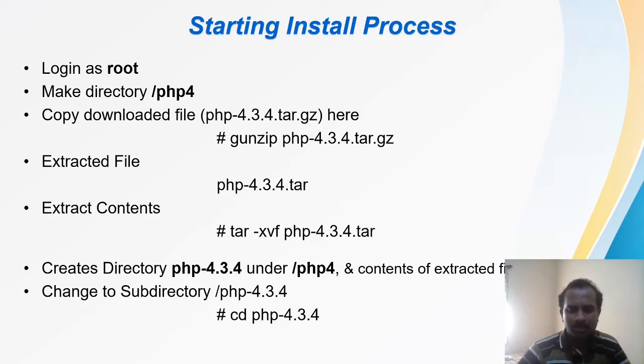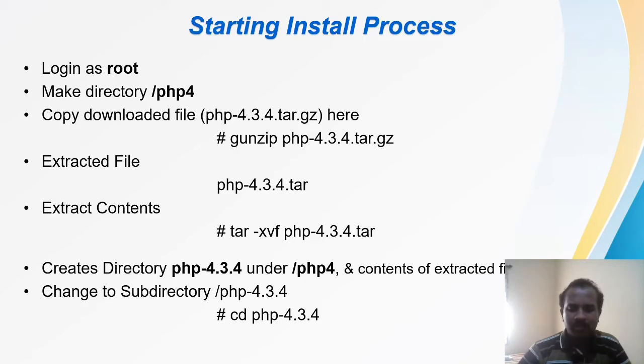If you want the explanation of that command, -xvf, I have explained those things in the installation of Apache 2. Please watch that video. Afterwards you have to create the directory php-4.3.4 under the php4 directory, so the extracted contents will be placed in the subdirectory.